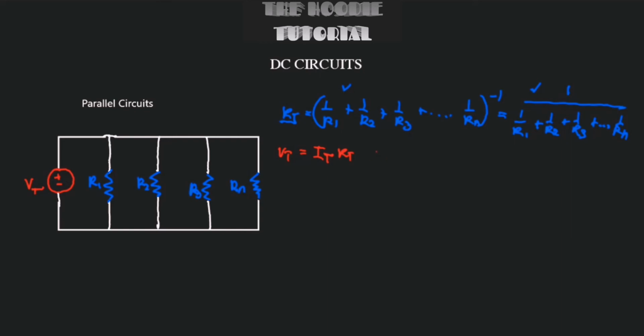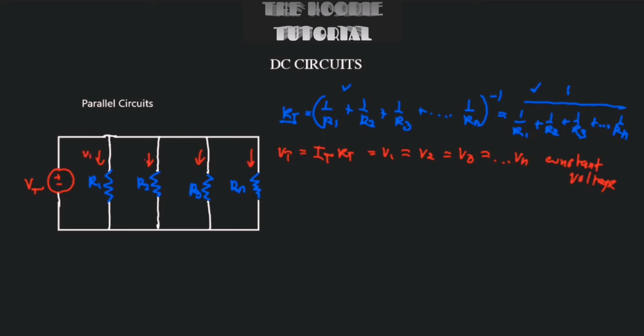Therefore, VT is equal to V1 equals V2 equals V3, and so on and so forth, Vn. That's the reason why in parallel circuits we have constant voltage. Whatever value we have here will equal the voltage that flows through here, right here, and right here. They are all equal.